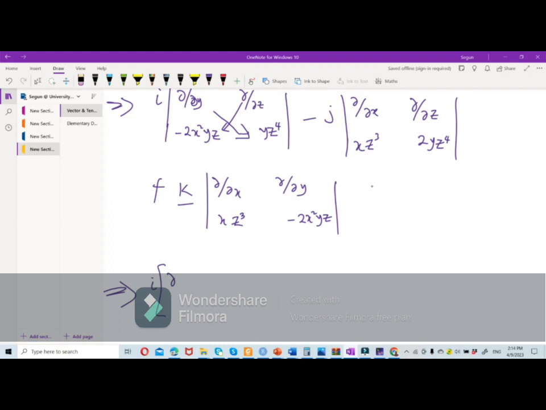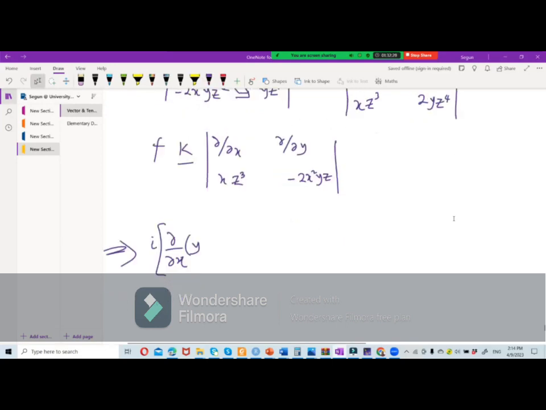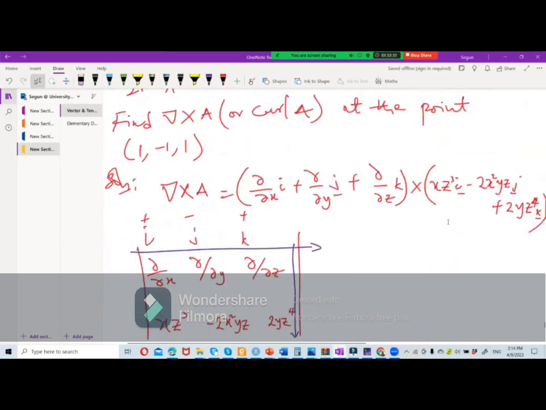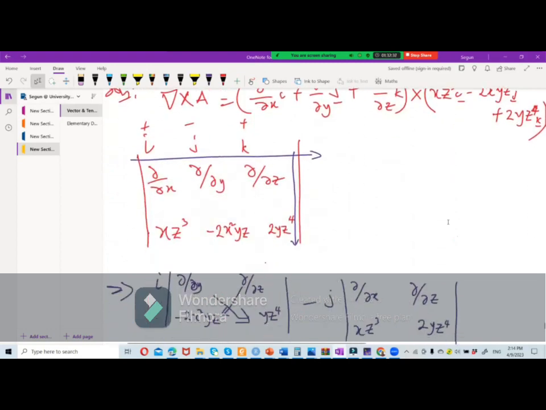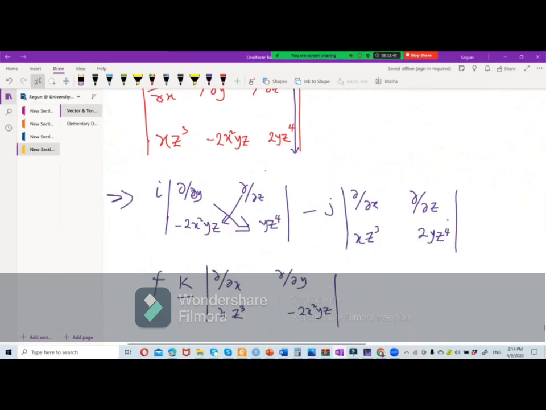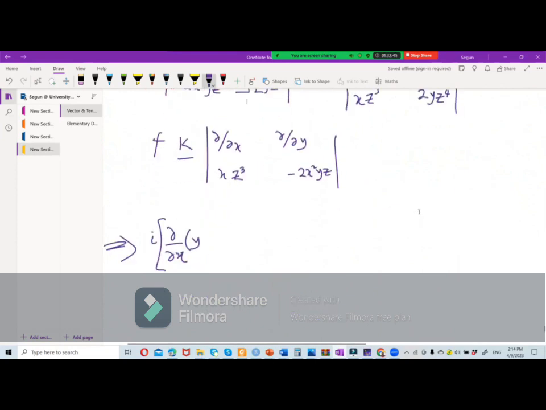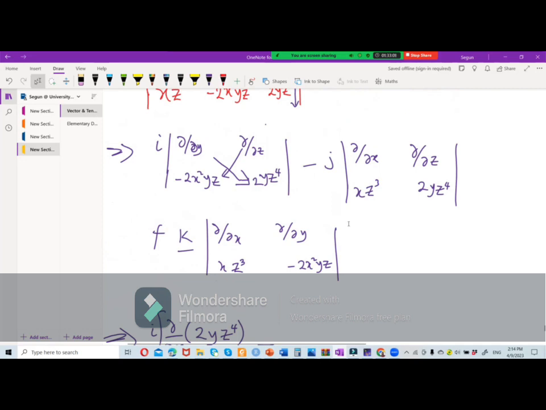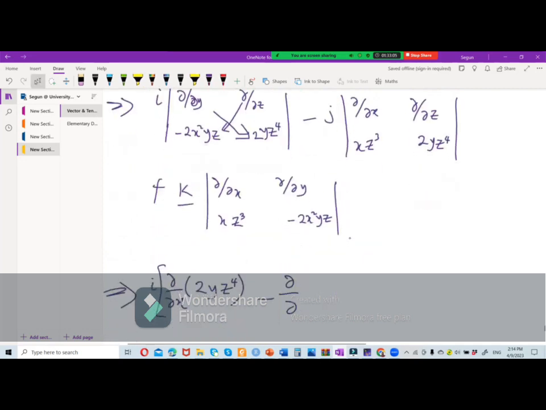So we have d/dy of 2yz⁴ minus d/dz of minus 2x²yz.